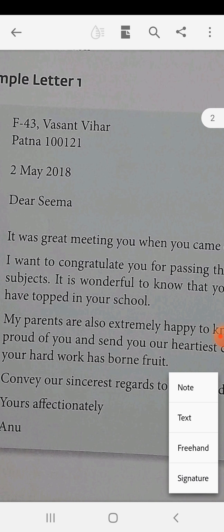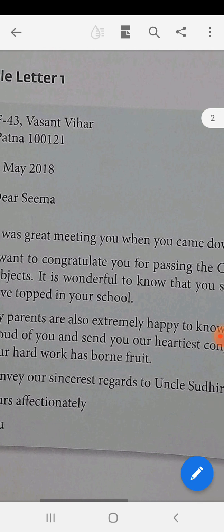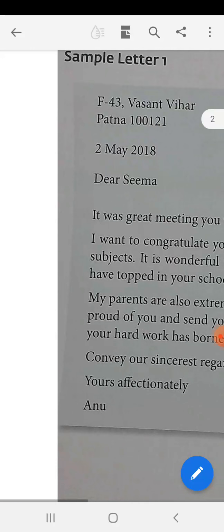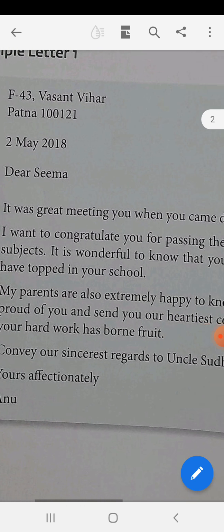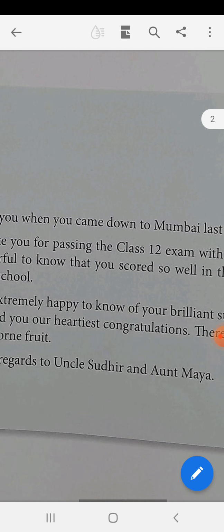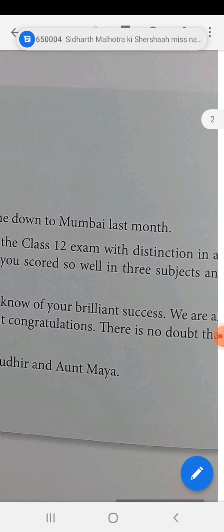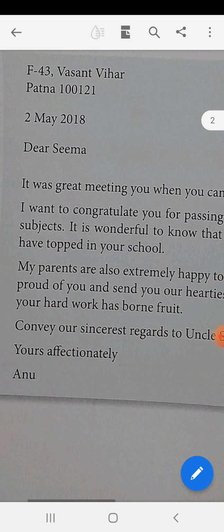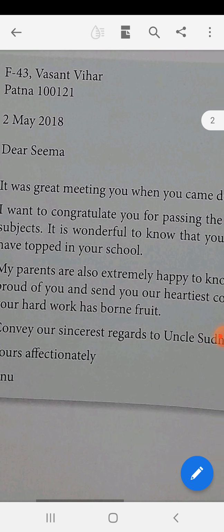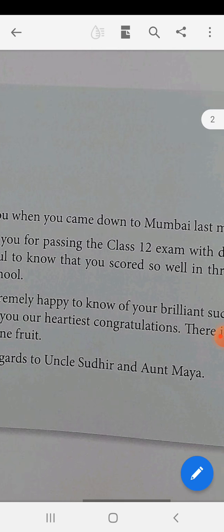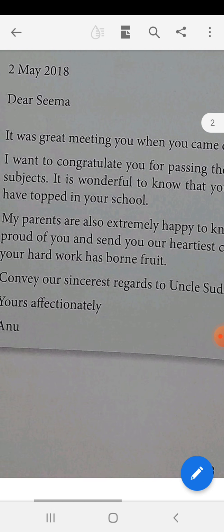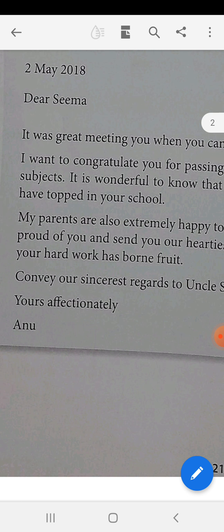Then the body of the letter: It was great meeting you when you came down to Mumbai last month. I want to congratulate you for passing the class 12 exam with distinction. It is wonderful to know that you scored so well in 3 subjects and have topped in your school.